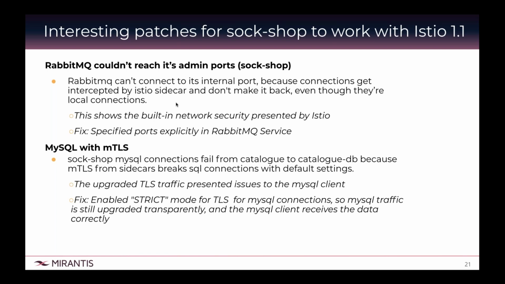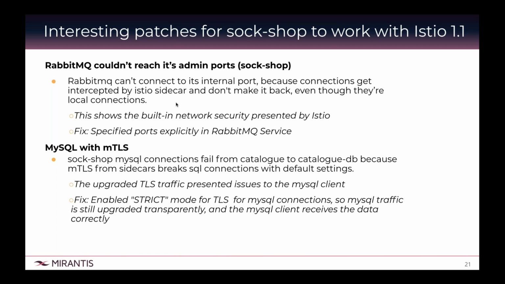The second small patch that we had to do was related to MySQL. MySQL was coming up okay, but when the catalog container was trying to reach its database, the MySQL client was presented with issues because the traffic was being upgraded automatically, and that was presenting some problems with the default configuration of Istio.